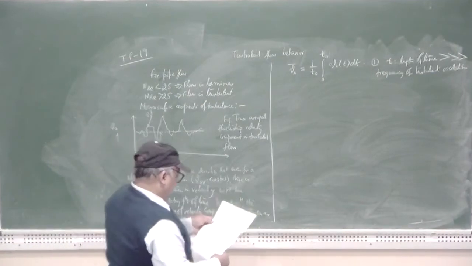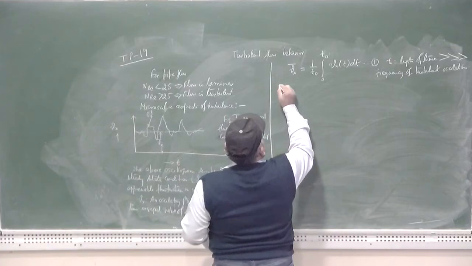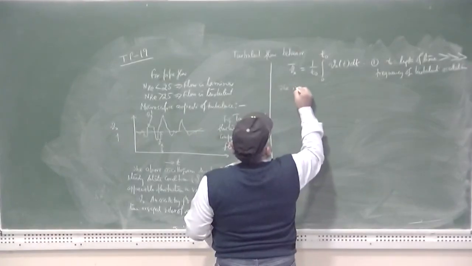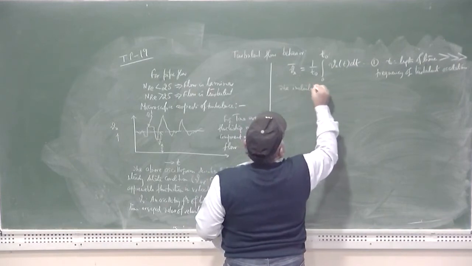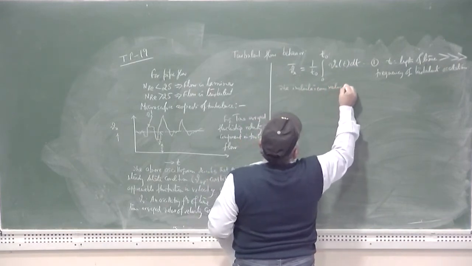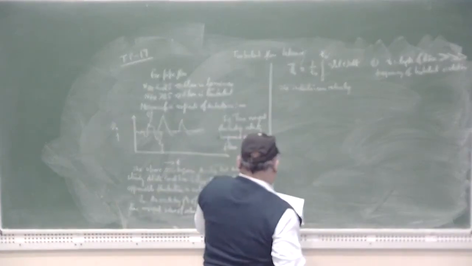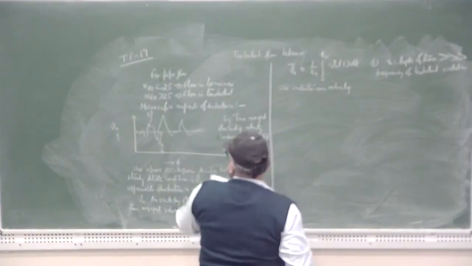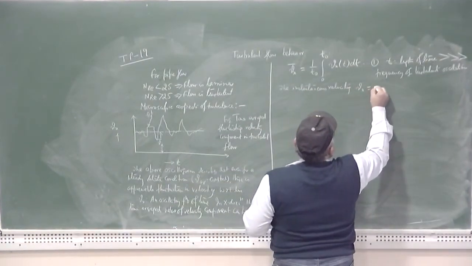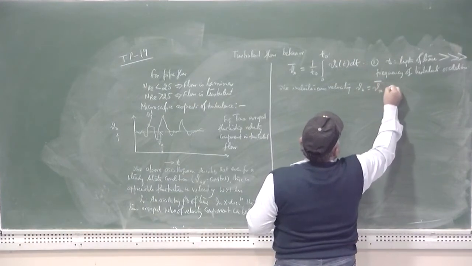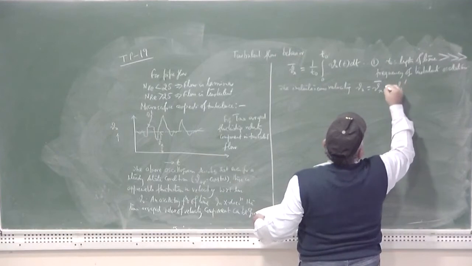So, also the instantaneous velocity Vx should be equal to the average value of Vx plus this fluctuation, that is the Vx dash.